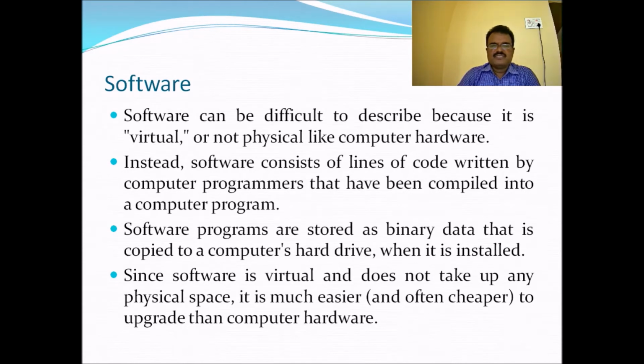Instead, software consists of lines of code written by computer programmers that have been compiled into a computer program. Software programs are stored as binary data that is copied to a computer's hard drive when it is installed. Since software is virtual and does not take up any physical space, it is much easier and often cheaper to upgrade than computer hardware.